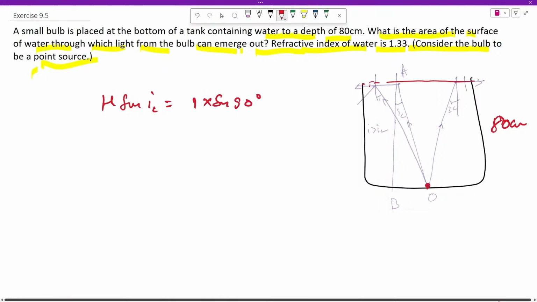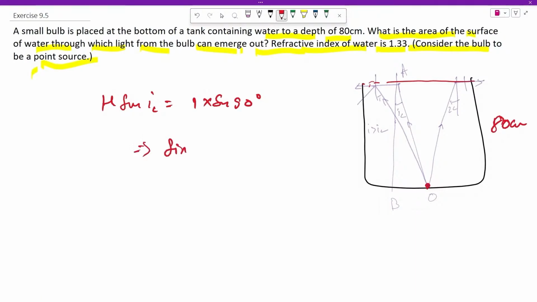Now we will find out sine IC. This will give us sine IC equal to 1 by 1.33, because we know that mu is 1.33. Now if we figure out IC, then IC will be sine inverse of 1 by 1.33, and this will come out to be equal to 48.75 degrees.